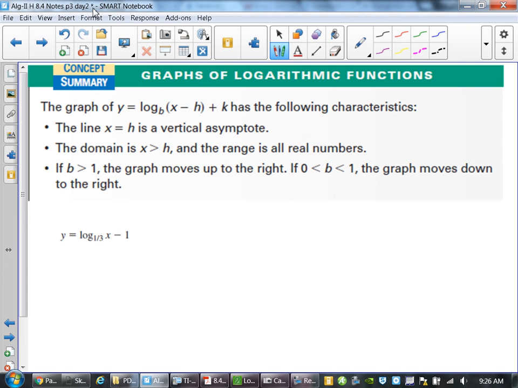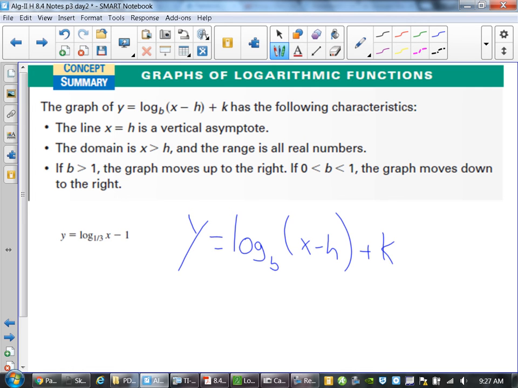When you're graphing logarithms, we're going to have the basic equation, y equals log base b of x minus h, plus k, where your h and k are your horizontal and your vertical shifts. So we're going to have a parent function and a shifted function.